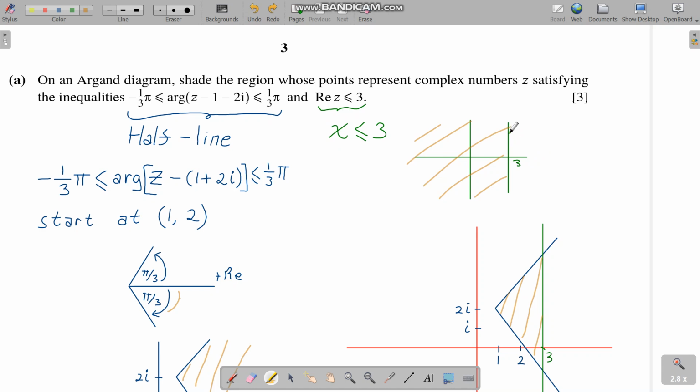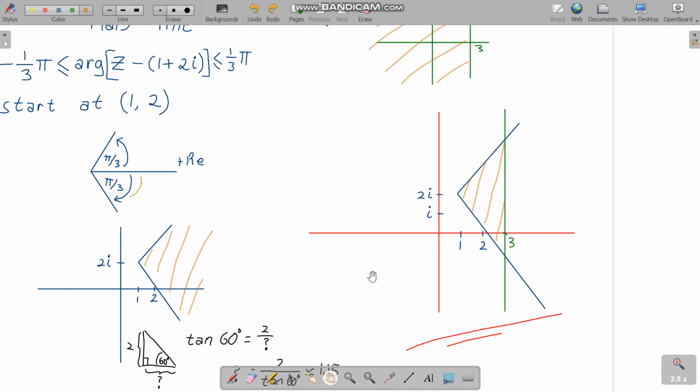Just like x equals 3, we have a vertical line x equals 3, but smaller than, so we shade the left side. If we combine both, we get this combined Argand diagram. So we shade the combination, or the intersection.